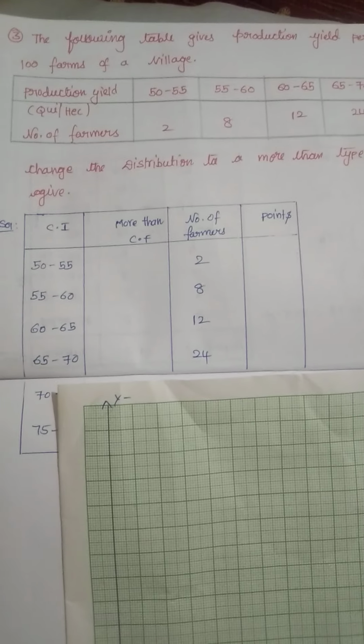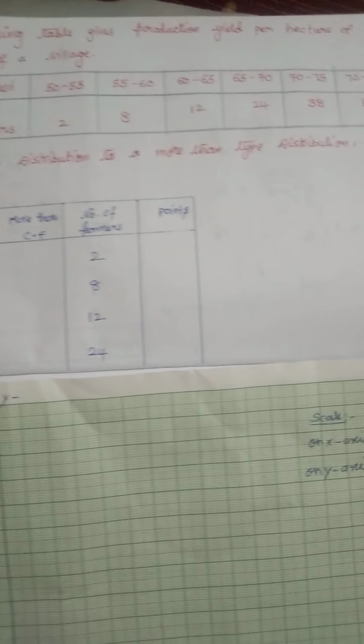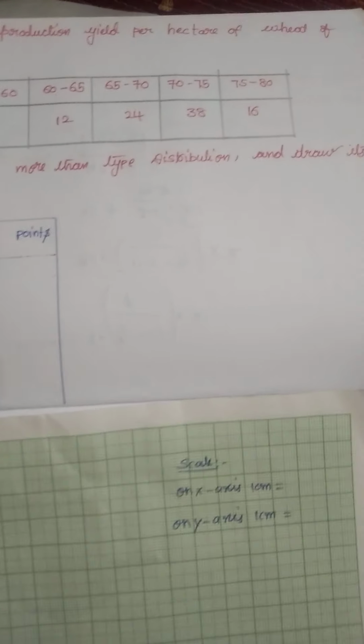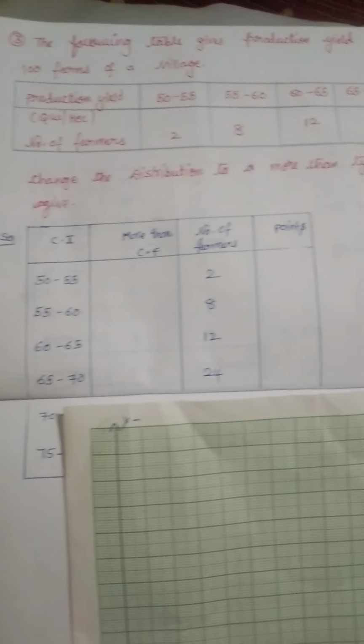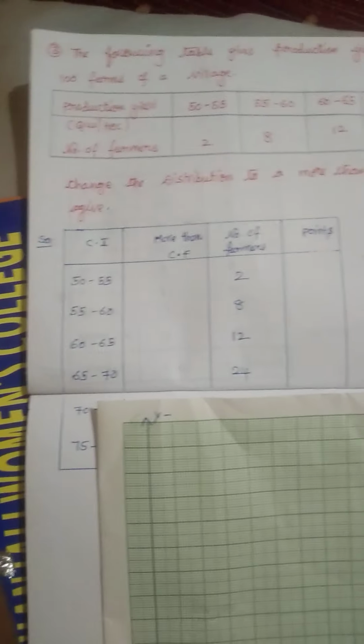Now coming to third question, the following table gives production yield per hectare of wheat of 100 farms of a village.